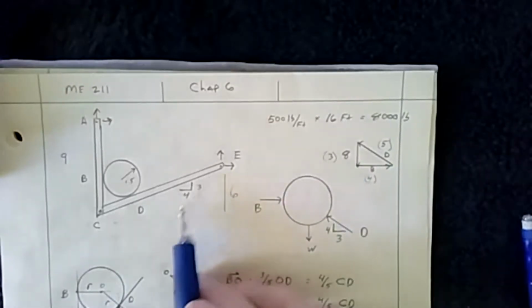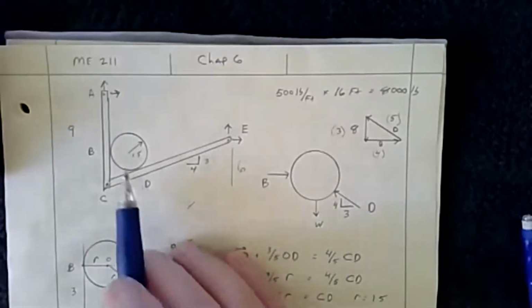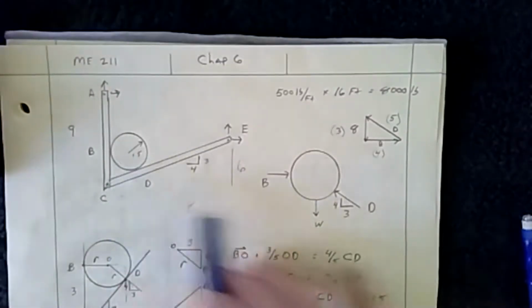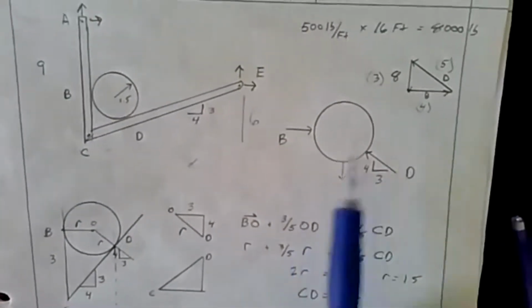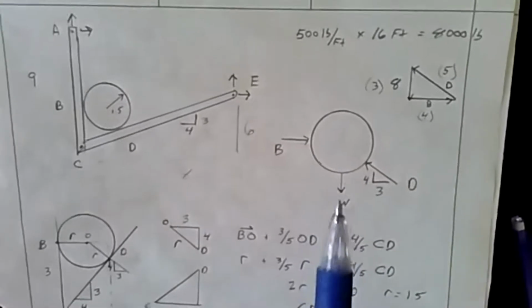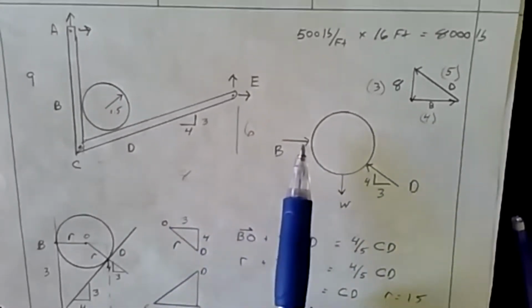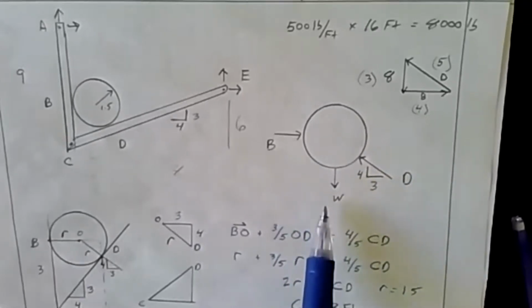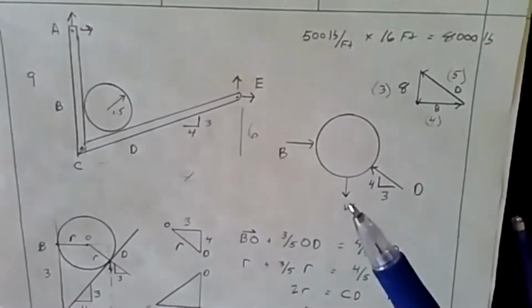So this is a 3, 4, 5 triangle. Now this sits here like this, so let's focus on that for a second. For the pipe, the reaction on the pipe itself is going to be B pushing to the right. We know that W is going to be down, that's weight. And we know that D is going to be pushing up at an angle.